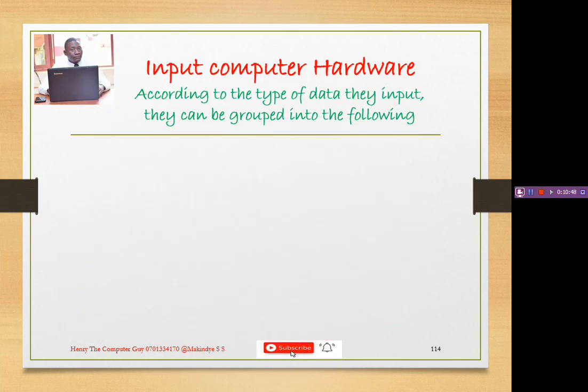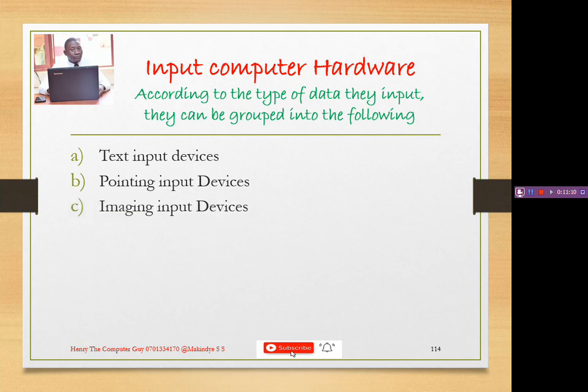And they're telling us that input computer hardware, according to the type of data they input, can be categorized into the following. That means that these devices are also categorized into, for example, the text input devices, whereby these ones help us to enter text into the computer.